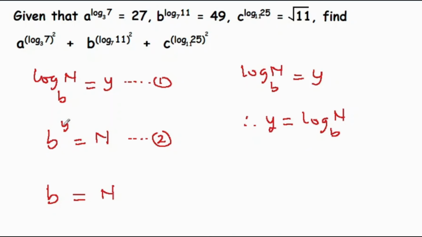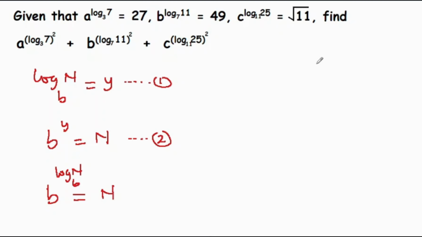So therefore, this y here in equation 2, we can replace it with log n base b. So let me keep the property of the logarithm up here. We have a base and the base is raised to a power, and the power is actually the log of a number to the same base as b. Then what you're going to get is the number in that log.